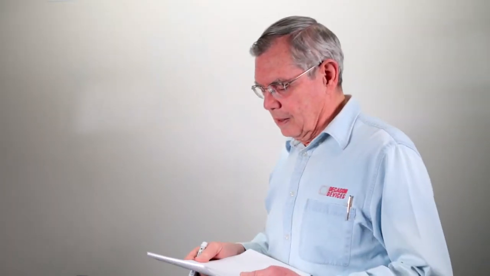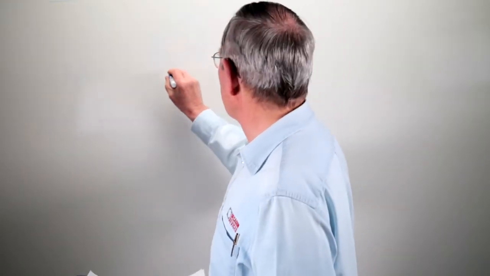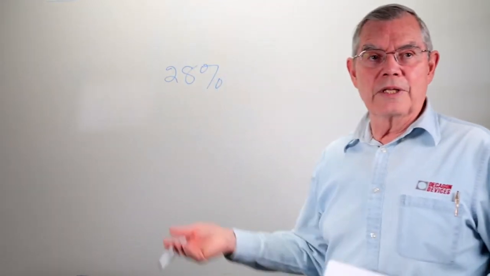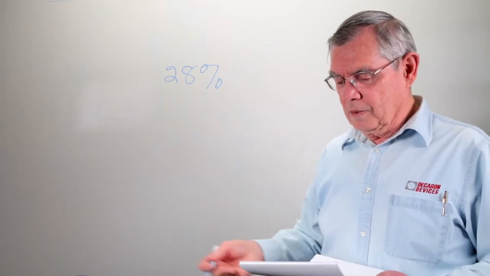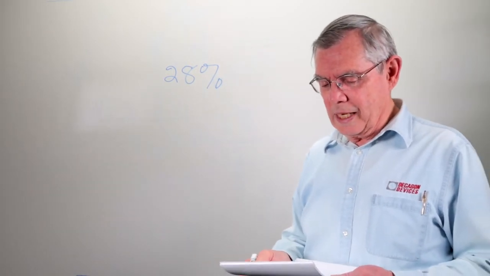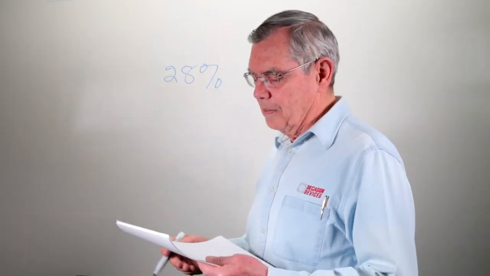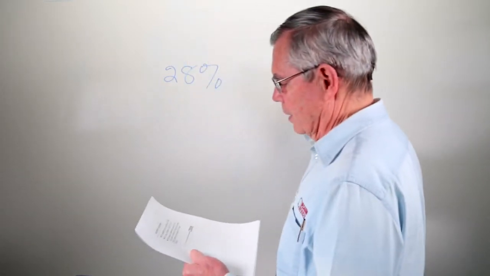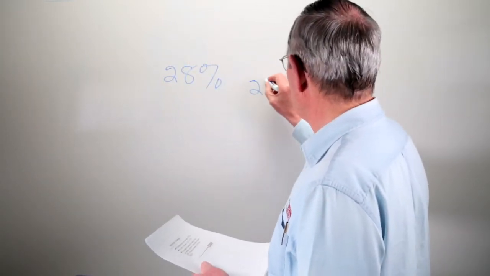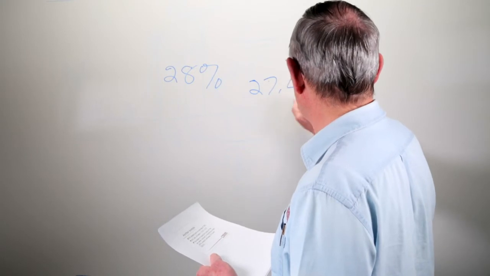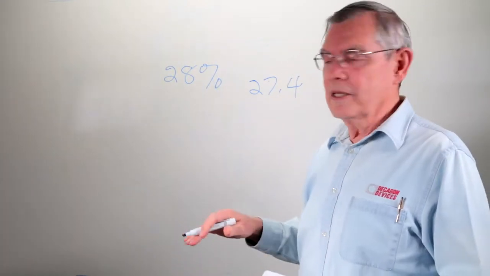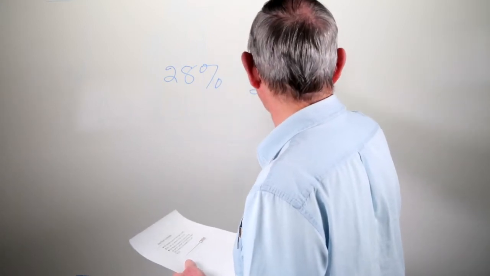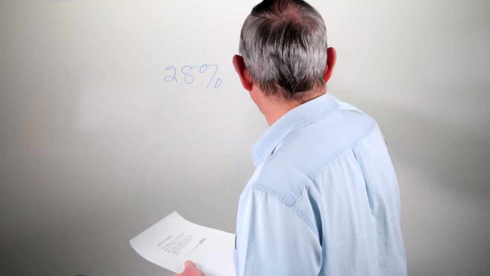If we determine a value of 28% for the mean of the 100 samples, then with 95% confidence, we can say that the water content is between 27.4, 2 standard deviations below the mean, and 28.6.